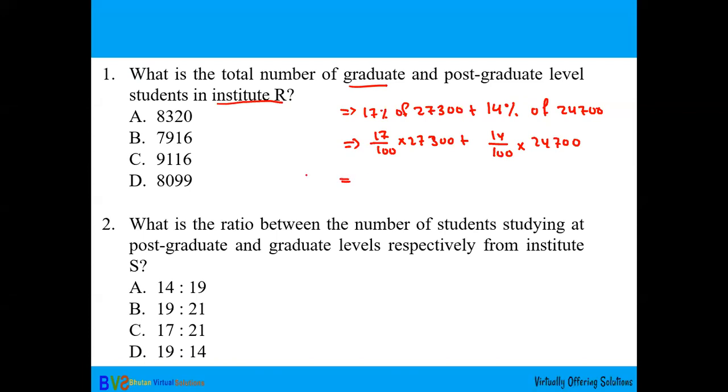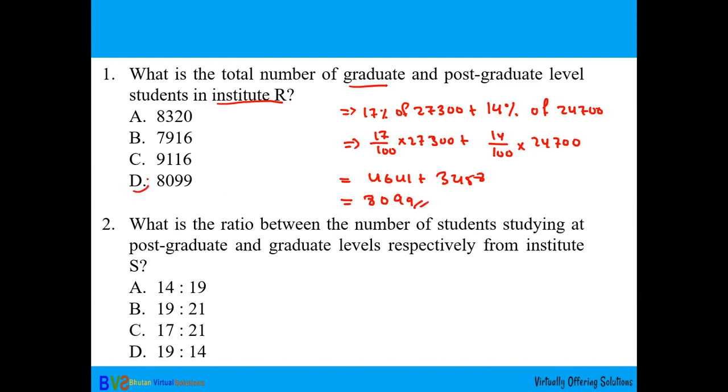When you calculate this, 17 times 27,300 divided by 100 gives 4641, plus 0.14 times 24,700 gives 3458. When you add them, 4641 plus 3458 gives 8099.